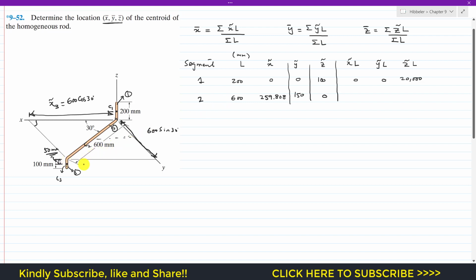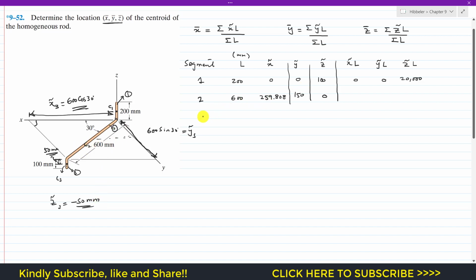So this means that x tilde 3 is this, and this is y tilde 3, and z tilde 3 is minus 50 mm, that is in the negative z direction, right?